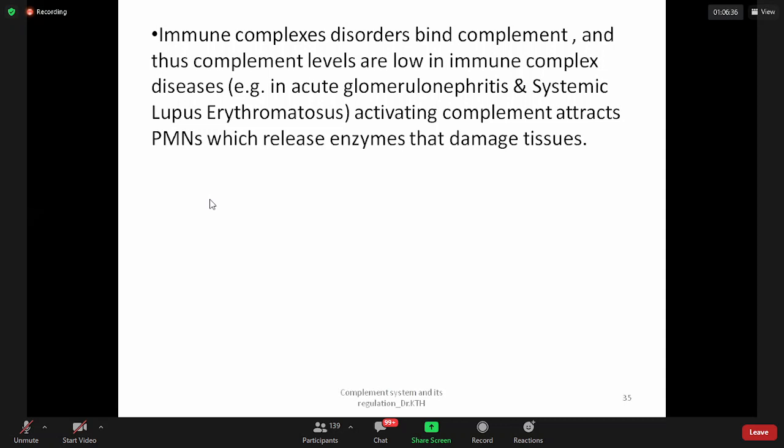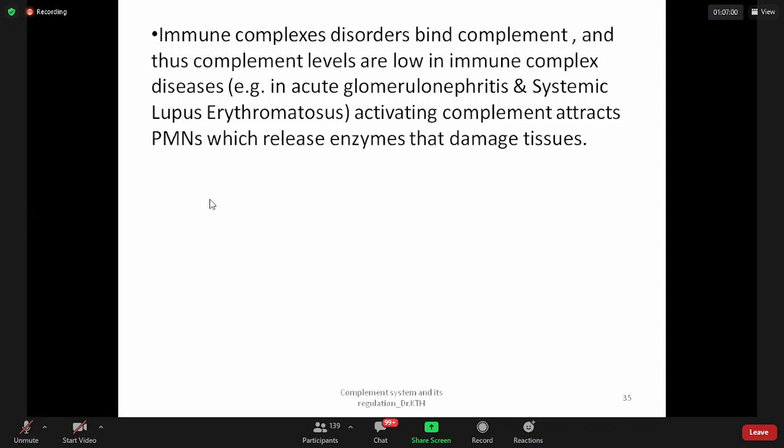And then there are those individuals who have immune complex disorders. These immune complex disorders include SLE and patients who have rheumatoid arthritis. These disorders will regularly utilize complement because there's a spontaneous utilization, and because of this, these people will have a complement deficiency.